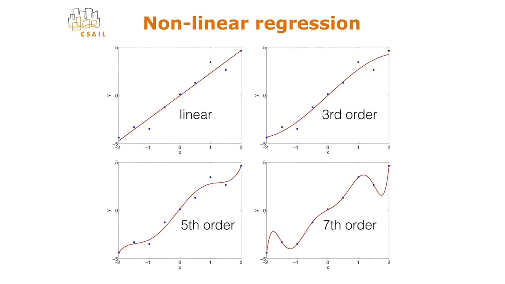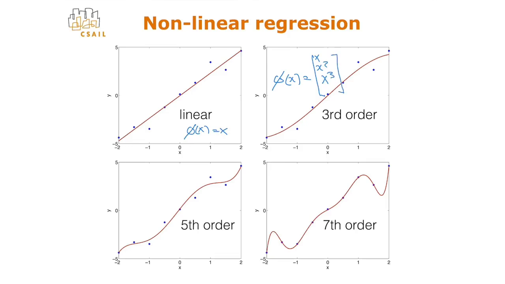All right, so now we can always introduce more and more complicated feature transformations. If it's linear, then the feature transformation is identity. If it's third order here for one-dimensional regression, the feature transformation would be x, x squared, x to the power of 3, and so on.